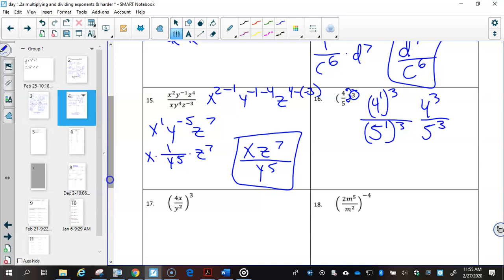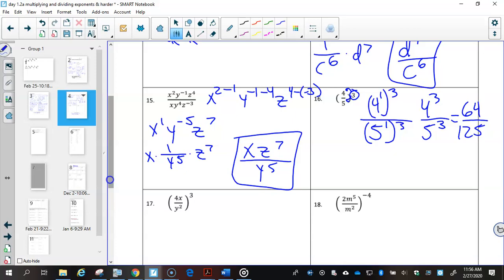What is 4 to the 3rd? Use your calculator if you don't know. 64. 5 to the 3rd. 125. Using your y equals, I need you to see, can this number be simplified? 64 over 125.